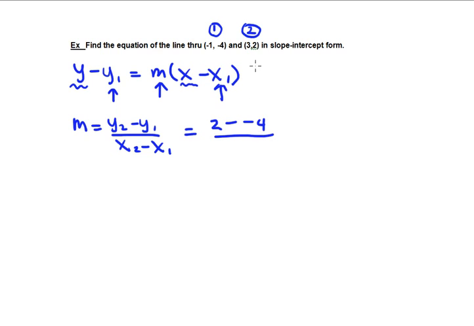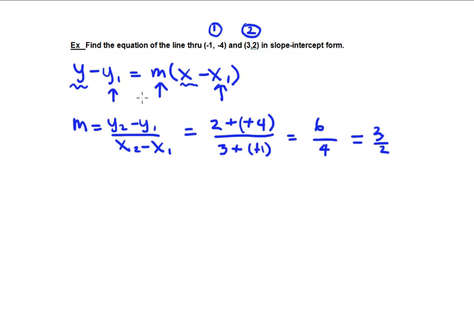Whole thing divided by x2, which is positive 3, minus, from the equation, x1, which is a negative 1. And so when we carry out these operations, 2 minus a negative 4 gives us a positive 6. 3 minus negative 1 gives us a positive 4, because subtracting the negatives is equivalent to adding the positives. And we can reduce this fraction to 3/2.